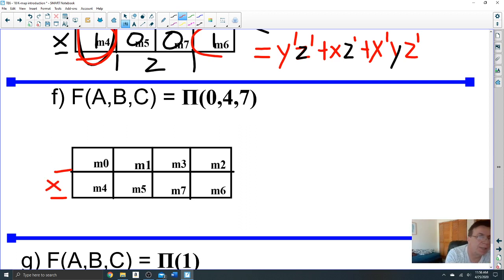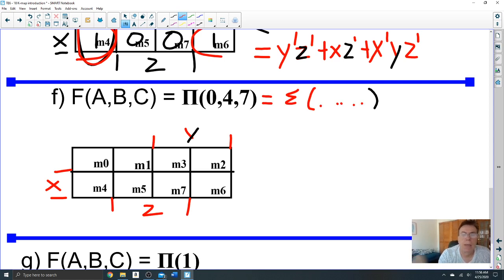So this is x, y, and z. All right. Guess what? Instead of converting this into a sum of min terms, we can do the following. Min terms are expressed as ones on a map. So guess what? Max terms are expressed as zeros.